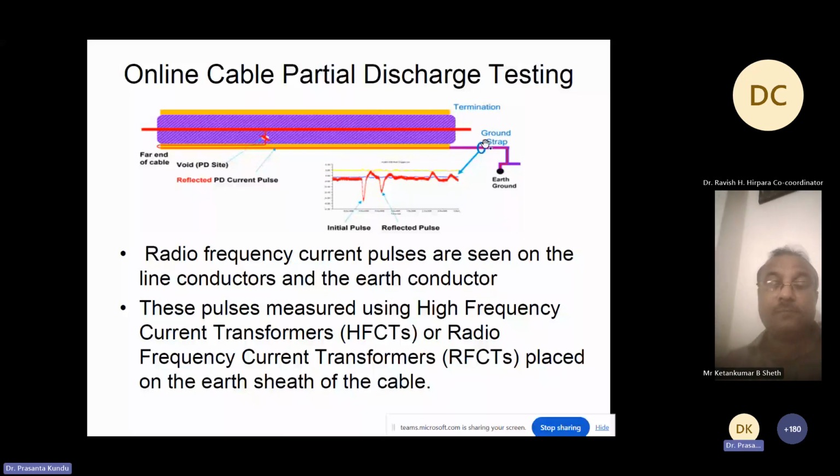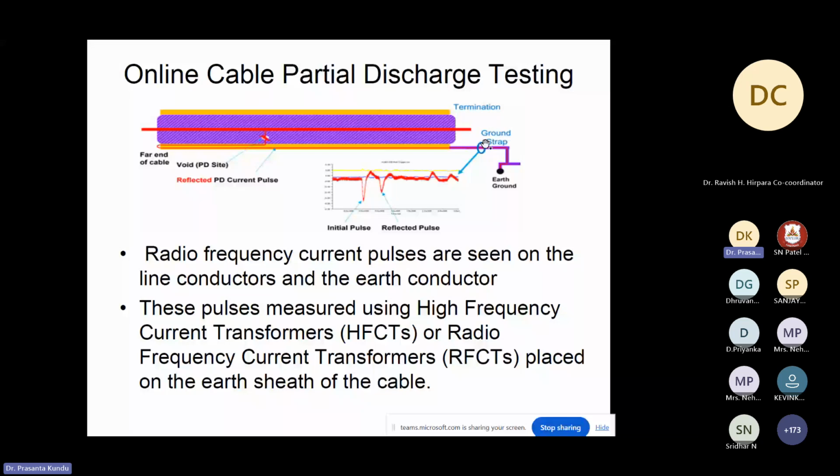If you have two different zones, they will record it at two different times. By matching the time differences, we can identify where the PD occurs, or how the PD has started. So you can identify it for the cable.